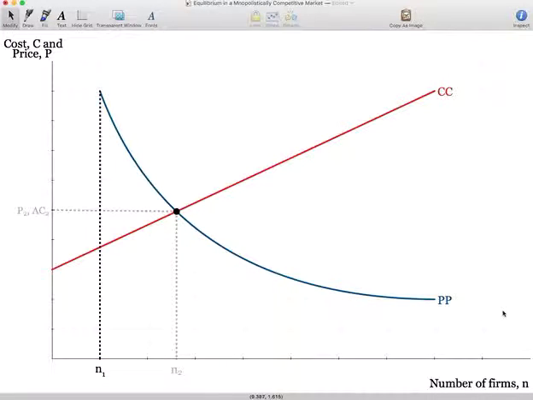So that is N1. At a level of N1, what are we going to end up seeing? If we follow N1 upward, the first thing that we hit is CC, which gives us our average cost. So if I go from that point over, let me duplicate that and move it over and change it to C1.